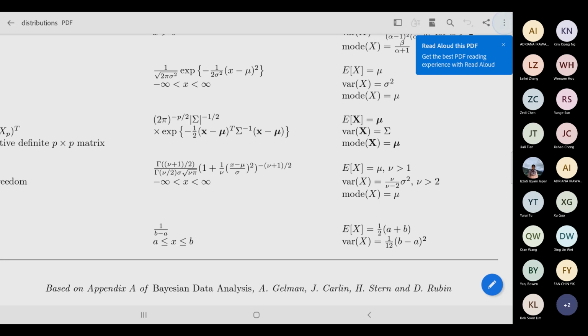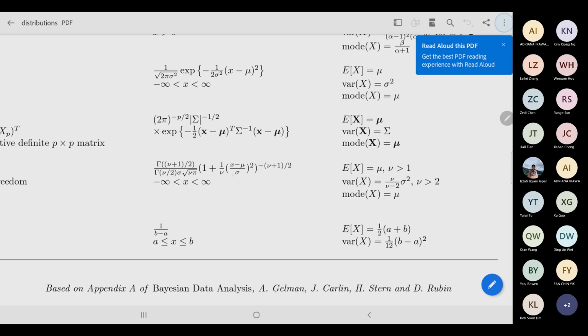Do you think we have to rearrange into this form?